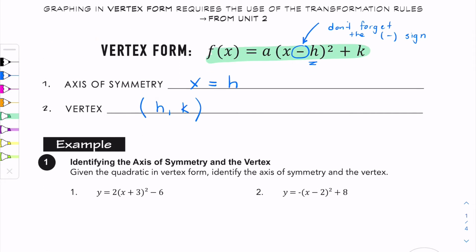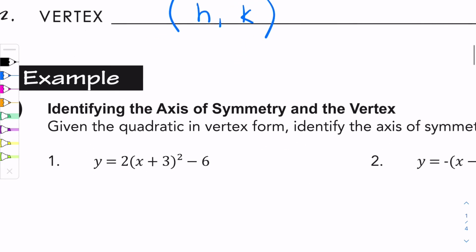For this first set of examples, you have functions and you're asked to identify the axis of symmetry and the vertex. Number 1 is in the form of 2 times x plus 3 in parentheses squared minus 6. So this first one is one to pay close attention to. Because of this plus sign, that's technically x minus negative 3 in parentheses squared minus 6.